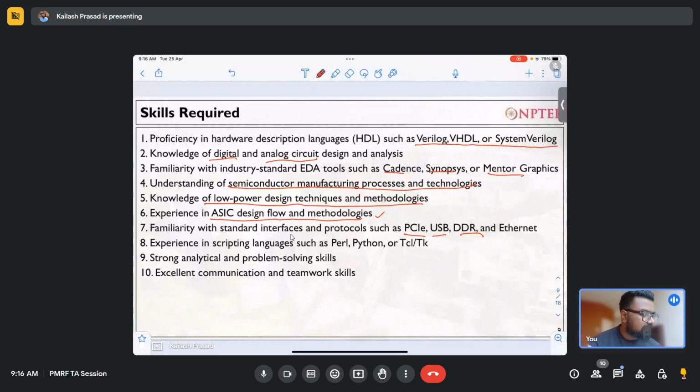There are multiple protocols like AXI, AMBA, and there are SPI, I2C, UART. These are communication protocols you should know, and you should have actually implemented at least one of them using Verilog. That's the minimal ask from you.